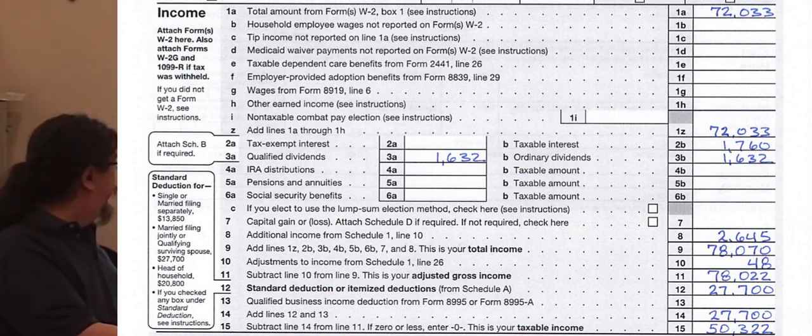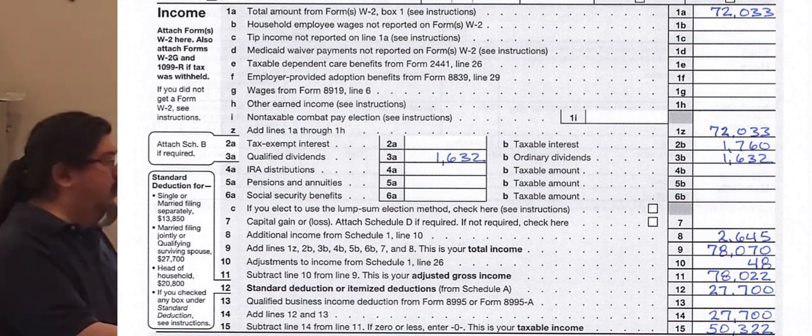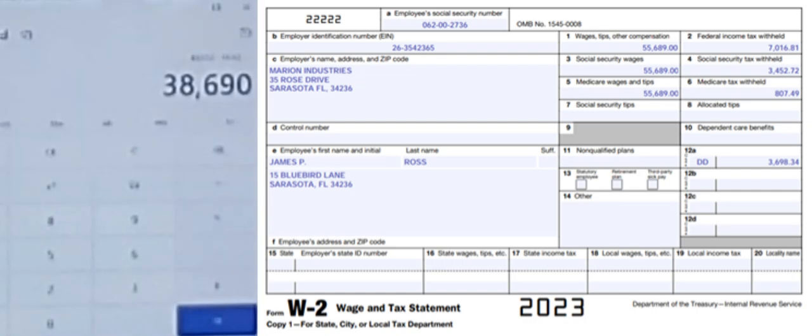So we take their standard deduction of $27,700, and we get their taxable income of $40,322. Now, because they have qualified dividends, remember qualified dividends are taxed at a lower rate than your ordinary income. You're absolutely right, I'm off by 10,000. See, that's why we don't do taxes by pen and paper anymore.